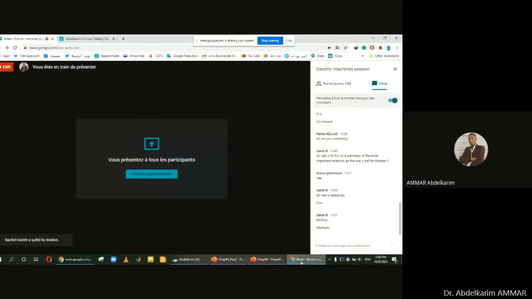Yes, you can just take the simplified equivalent circuit and connect them however you want. So I will repeat.